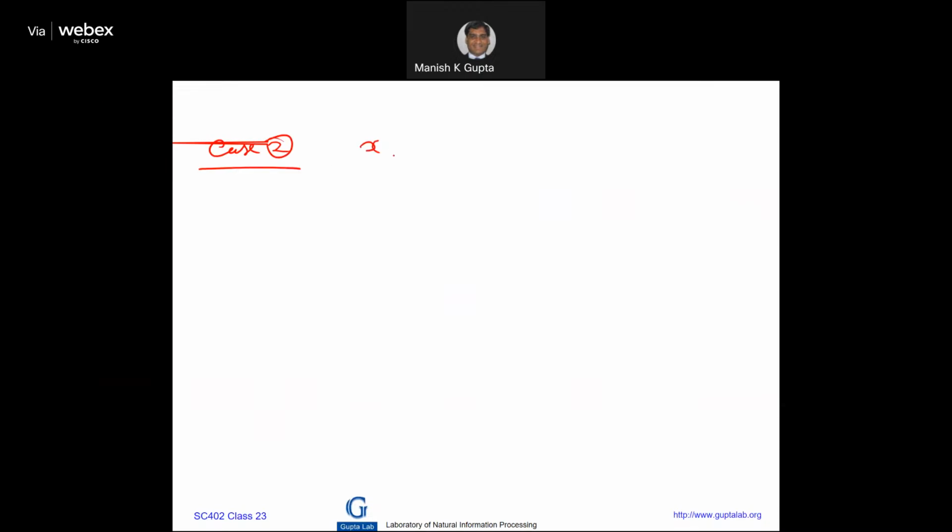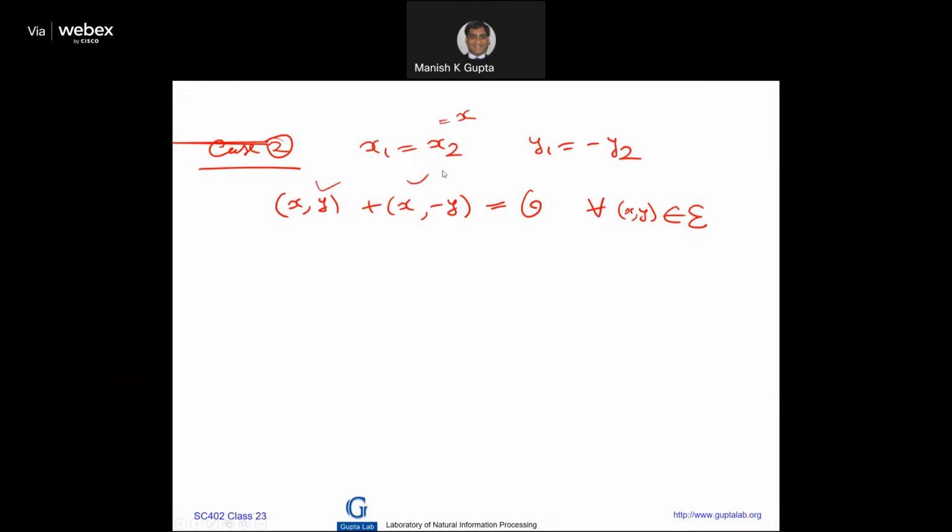So when x1 is equal to x2 and y1 is equal to minus y2, in that case addition is something like this. I mean, so x1 is equal to x2, I am calling it x, and if I call one of them y, the other one will be minus y, right? This will be point at infinity for every x comma y on this elliptic curve E. So these points are inverses of each other.